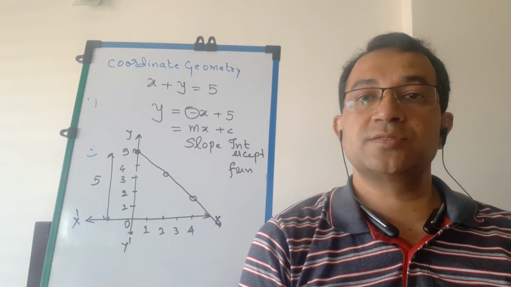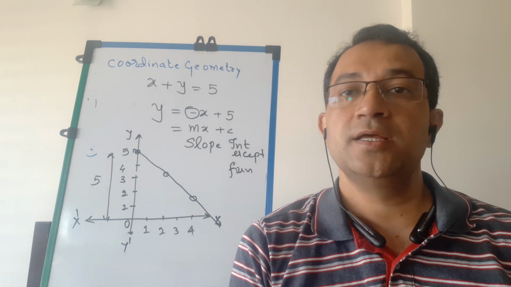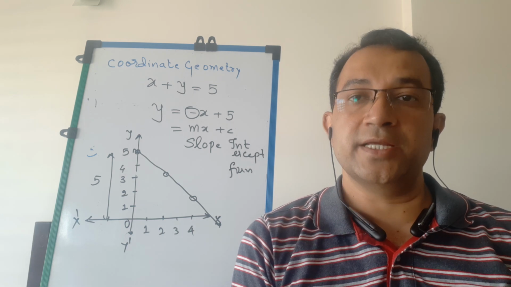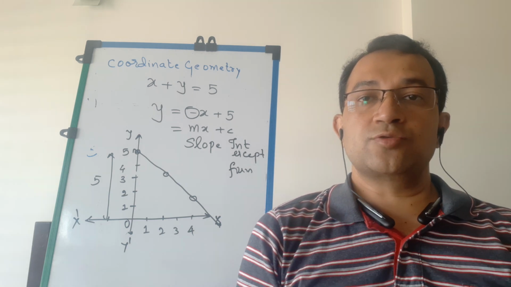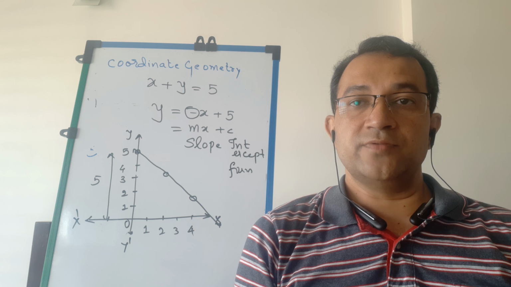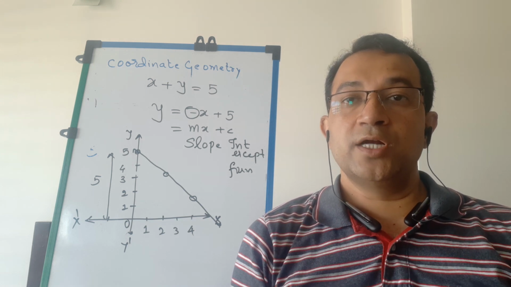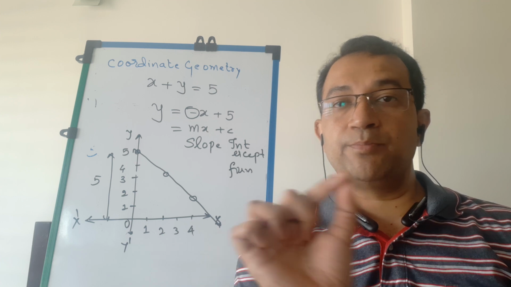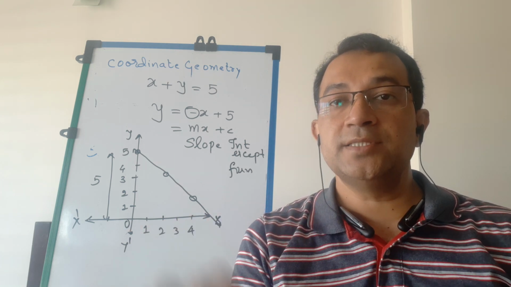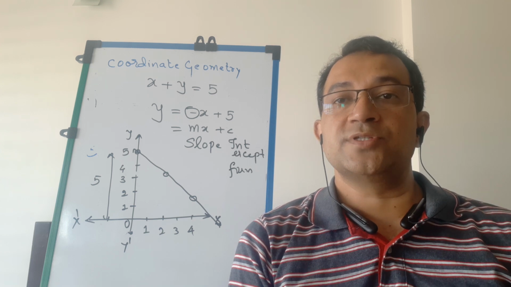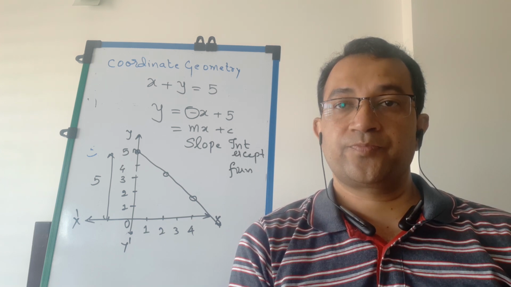Let us summarize all the things in a nutshell, and the remaining aspects we will discuss in the next lecture. First, what is an axis? When there is one-to-one correspondence between points on a line and the set of real numbers R, then that line becomes an axis.